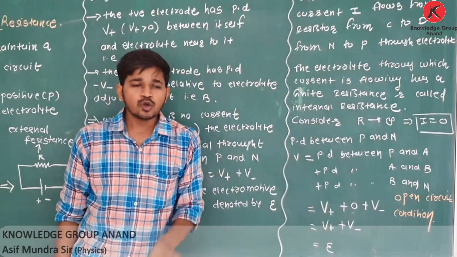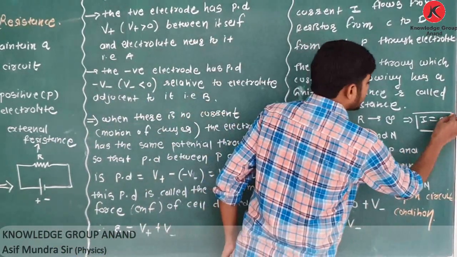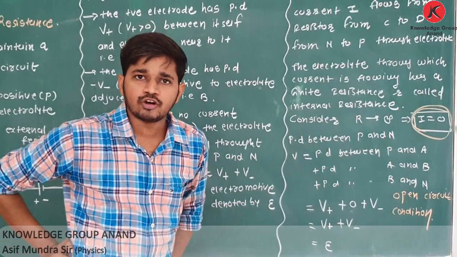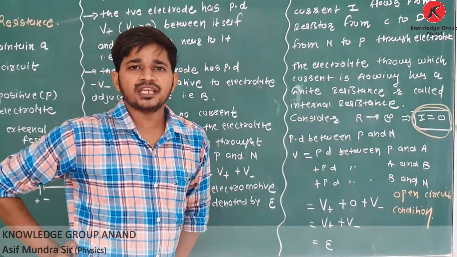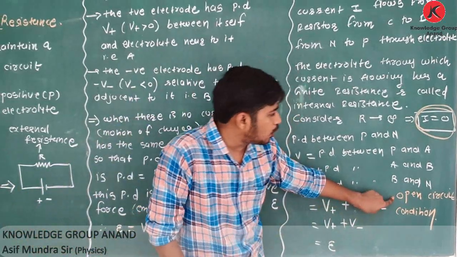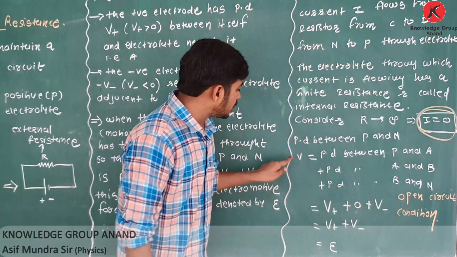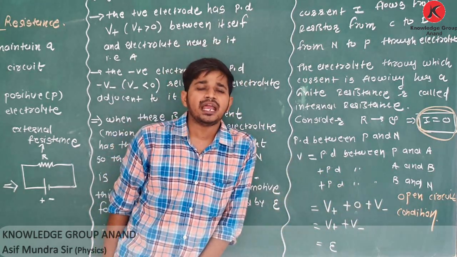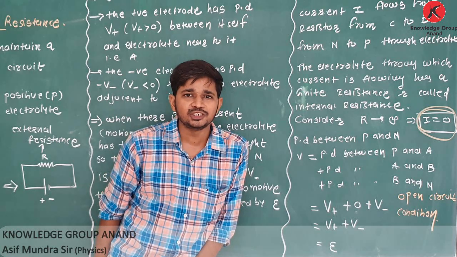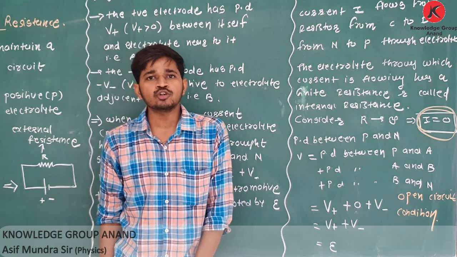Clear about this? So what is the conclusion? When current I is equal to 0, the condition is called open circuit condition, and in open circuit condition, the potential difference between the two terminals is equal to the EMF.